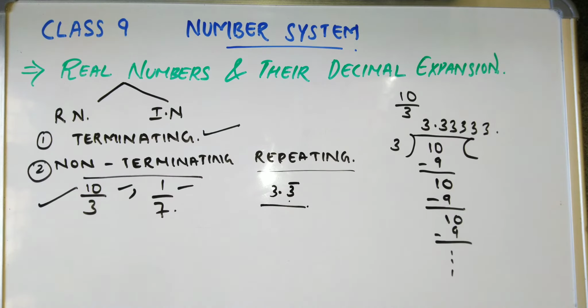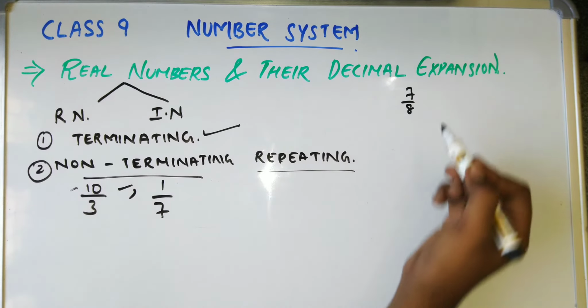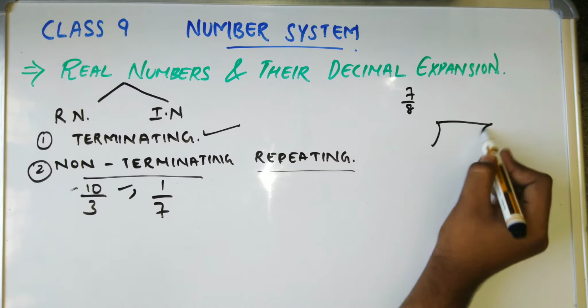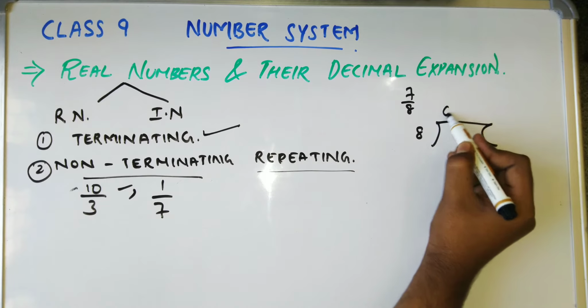Now let us see one more example based on the terminating case. These are all rational numbers and their decimal expansion. For terminating, 7 by 8 is also a rational number. So 8 outside and 7 inside. Now you divide, it becomes 0 point.